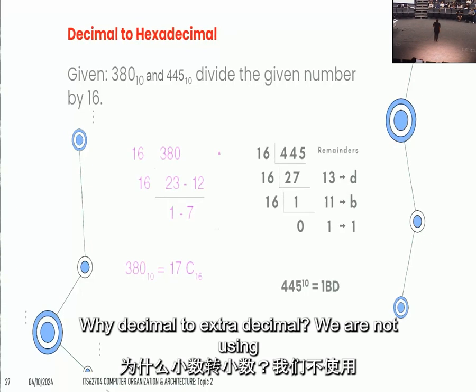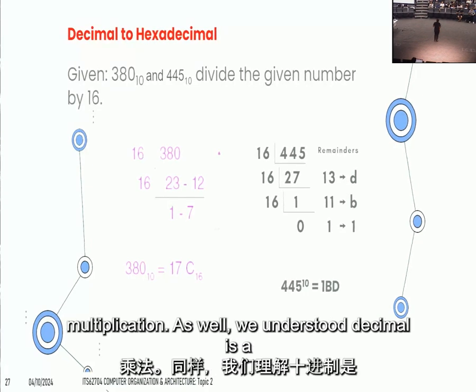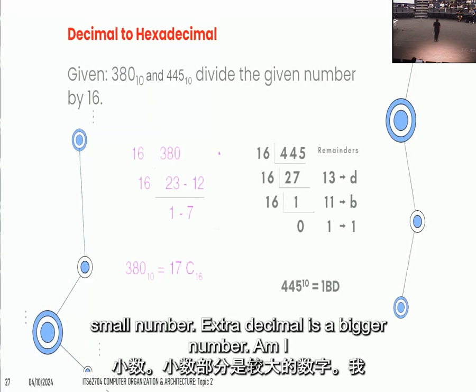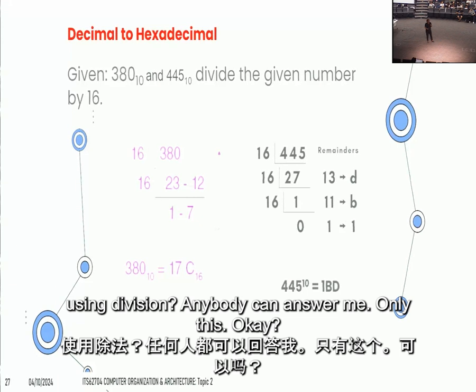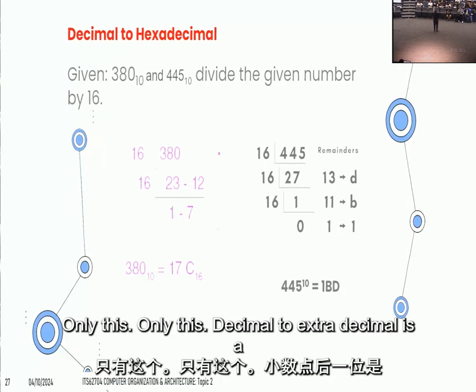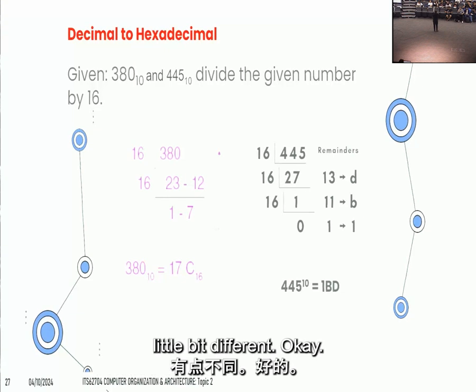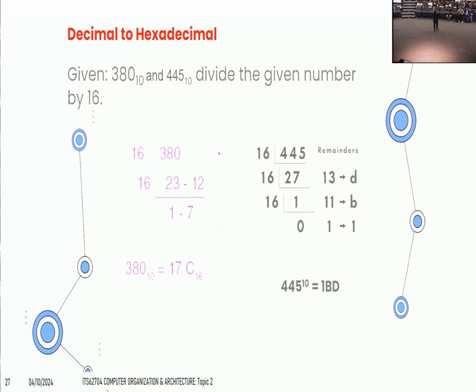Why decimal to hexadecimal, we are not using multiplication? As well, we understood decimal is a small number. Hexadecimal is a bigger number. Am I right? We should use multiply, but here why are we using division? Anybody can answer me? Only this, okay? Decimal to hexadecimal is a little bit different.